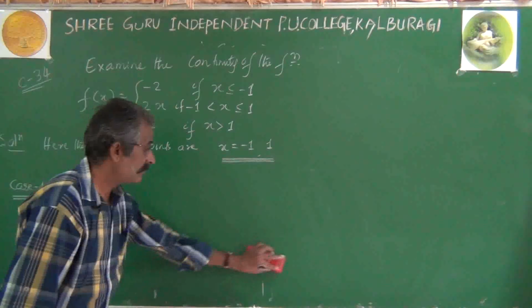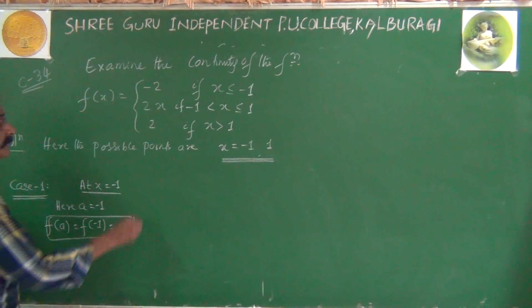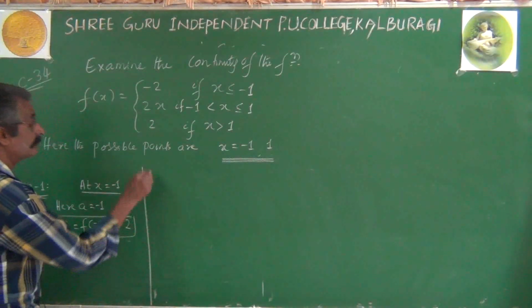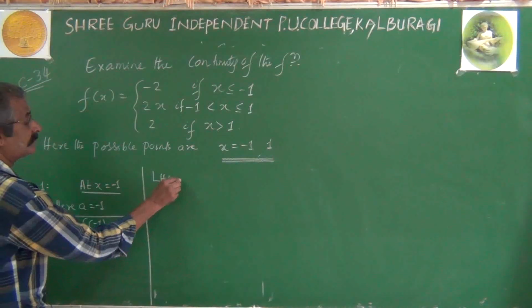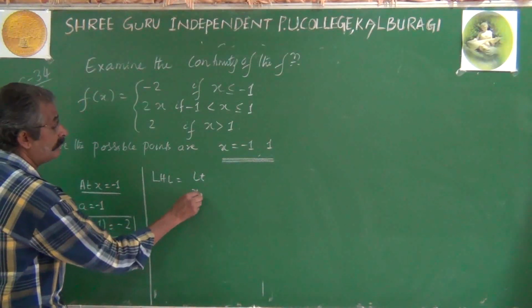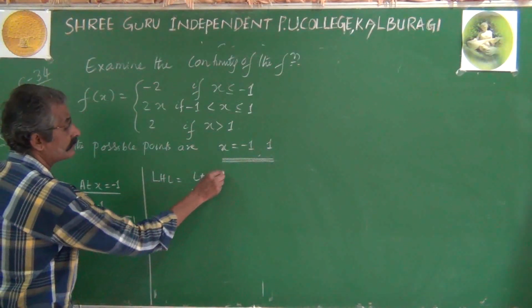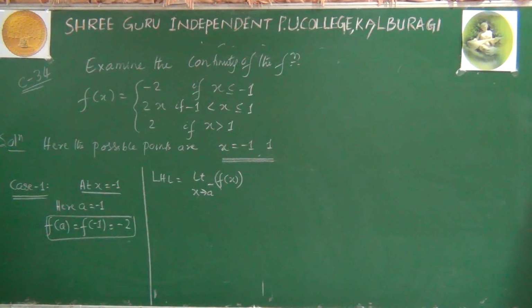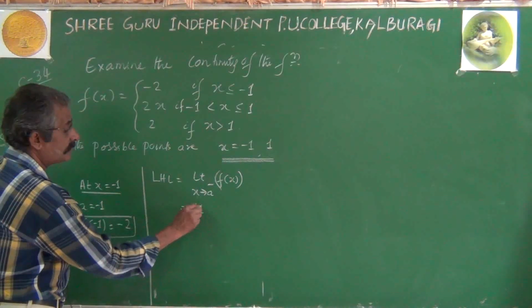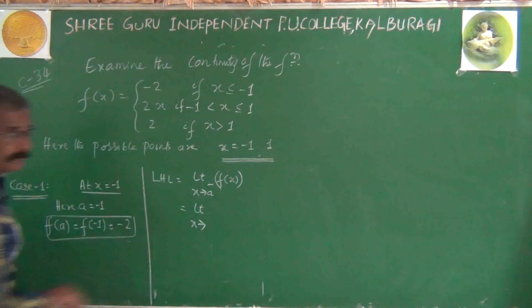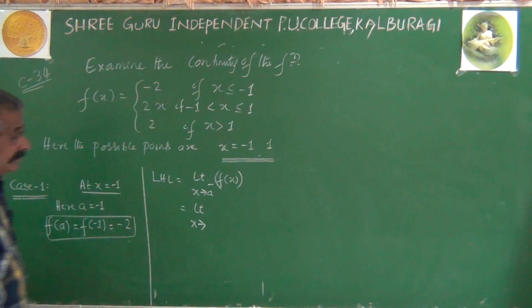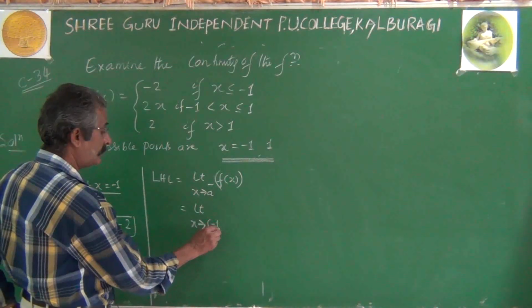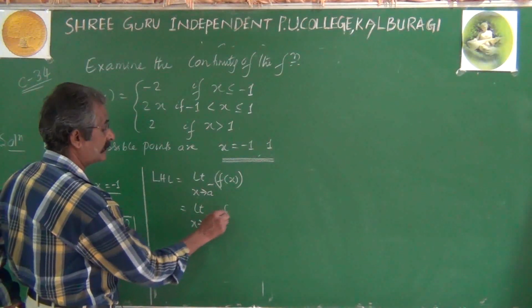We also find left hand limit, right hand limit. Now, left hand limit is limit x tending to a minus of f of x. Observe, we are in the first case. Still we have to develop one more case also. Next step, limit x tending to minus 1 minus of f of x.